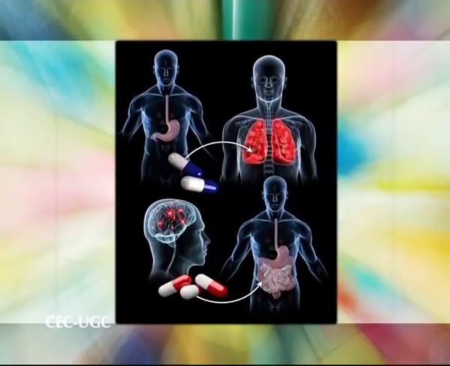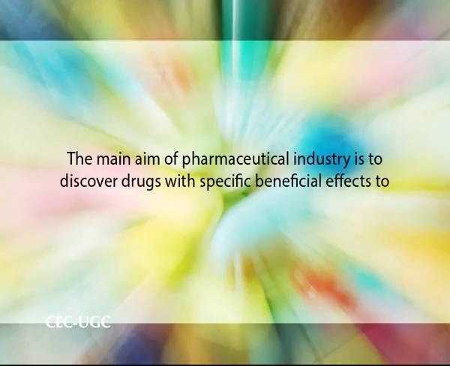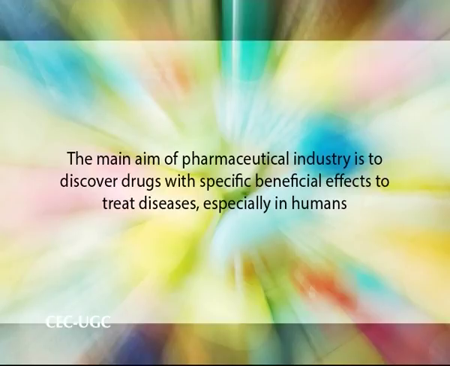The drug targets are usually protein molecules, and these drugs can be beneficial or harmful depending upon their effect. The main aim of the pharmaceutical industry is to discover drugs with specific beneficial effects to treat diseases, especially in humans.